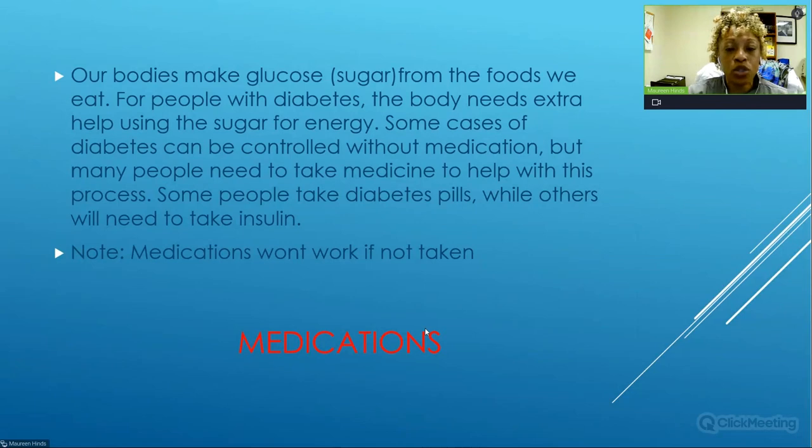So we want that glucose to get into cells so that we can get energy. And that's where insulin or medication kind of comes in to help allow that process to happen. So insulin or the medications that you're taking is allowing that glucose to leave the blood and get into the cells so that we can have energy.